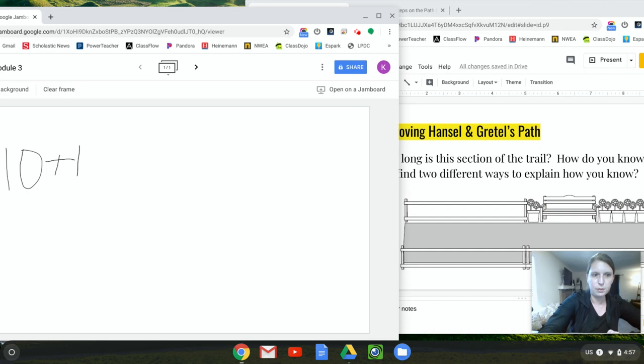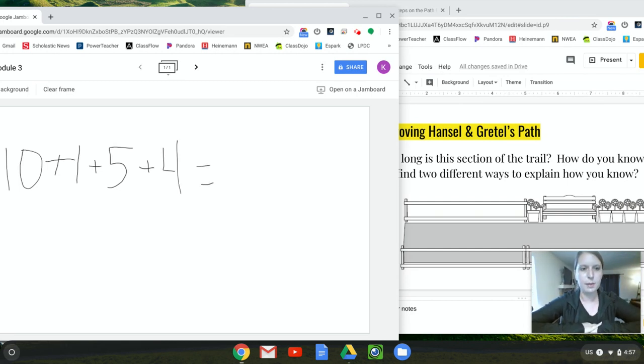Then we have a flower pot, that's 1 step long. Then we have a bench, that's 5. And then we have 4 flower pots at the end. There are different ways you could do this. You could say 1 plus 1 plus 1 plus 1. Or if you wanted to make it easier, you could put all those together and just write the number 4.